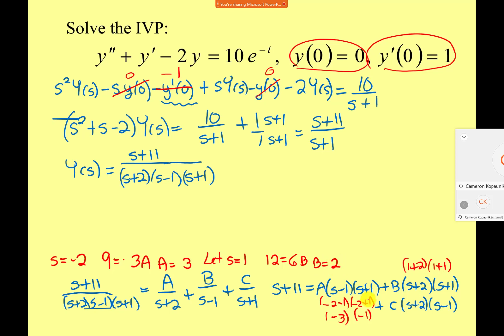Okay, and then I'm just going to erase these out of the way, and we'll go ahead and do the C right there. And so to find C, we're going to let s be negative 1. Okay, so if s is negative 1, and I put in negative 1 on the left-hand side, I'm going to get 10.